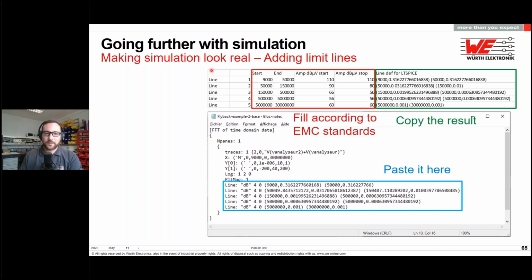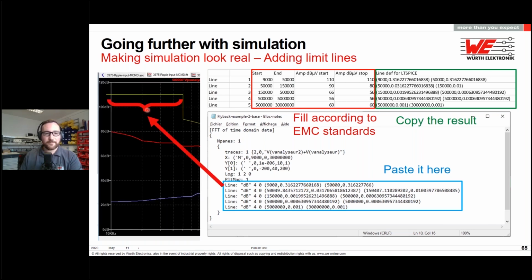It's a piece of spreadsheet that enables you to input the frequency and the limit in terms of dB microvolts at the start and the stop, and it will enable you later to paste it directly into the plot settings files of LTSPICE and to draw the limit lines that you can see here, for example. As soon as you have input your data about the EMC limits, you can display it directly in LTSPICE.